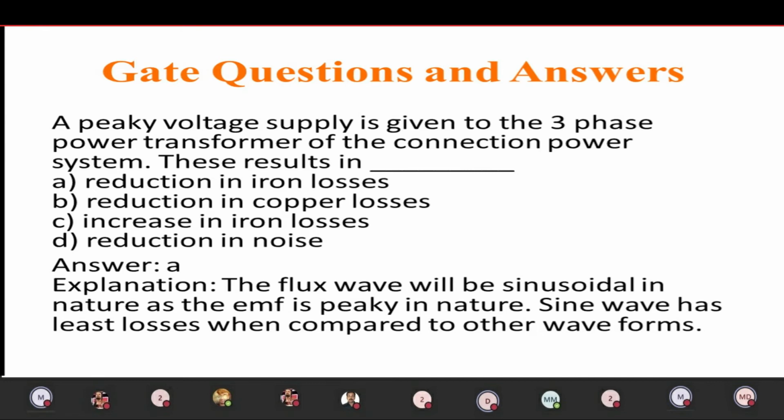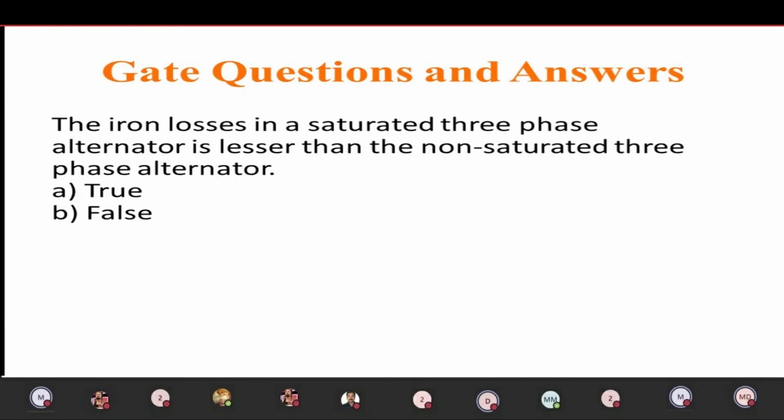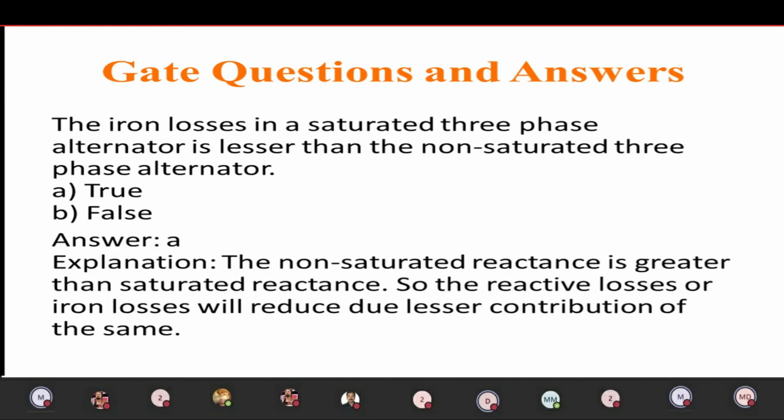So a peak voltage supply is given to the three-phase power transformer of a connected power system, which results in a reduction in iron losses. The iron loss of a saturated three-phase alternator is less than that of a non-saturated three-phase alternator. The non-saturated reactance is greater than the saturated reactance, so iron loss will reduce due to lesser contribution of the same.